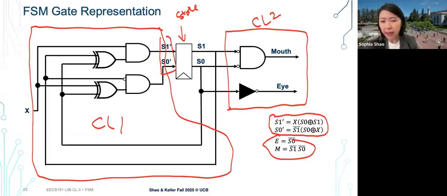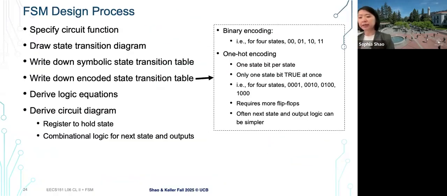Okay, so here is a quick recap of the steps we have taken. When we think about the sequential design process, we want to understand the circuit function, and draw the state transition diagram to understand how states transition from my current state to the next state, and also from the state to output based on input, right? It's always handy to write down the symbolic transition table, and then you can get to an encoded one.